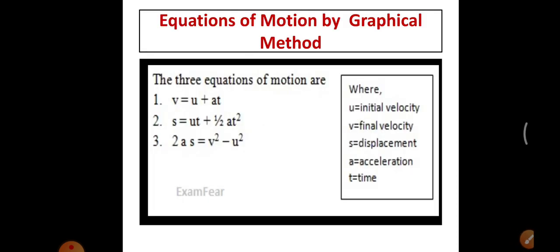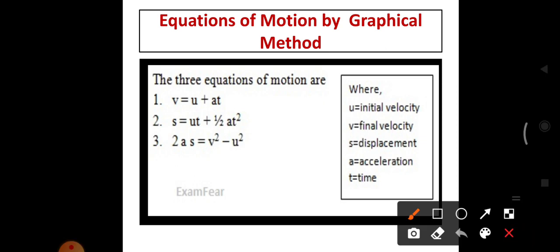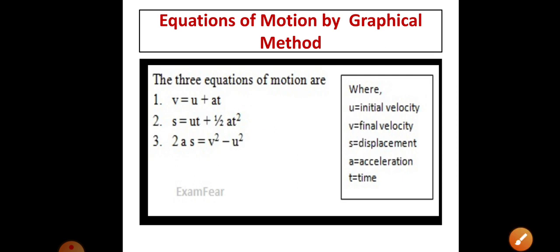So these are the equations of motion by graphical method we learnt: v equal to u plus at, s equal to ut plus half at squared, 2as equal to v square minus u squared. We will see extra numerical problems related to using these equation of motion formulas.